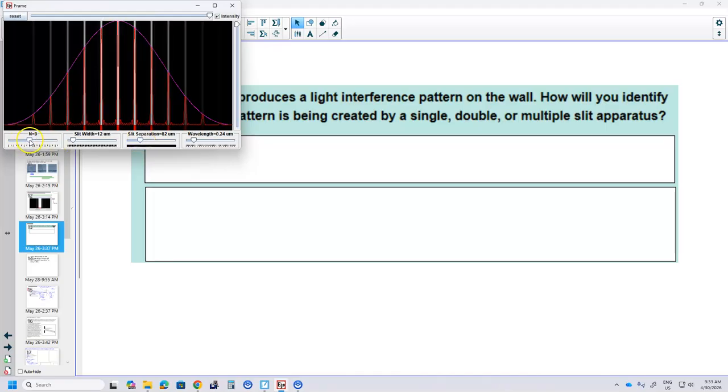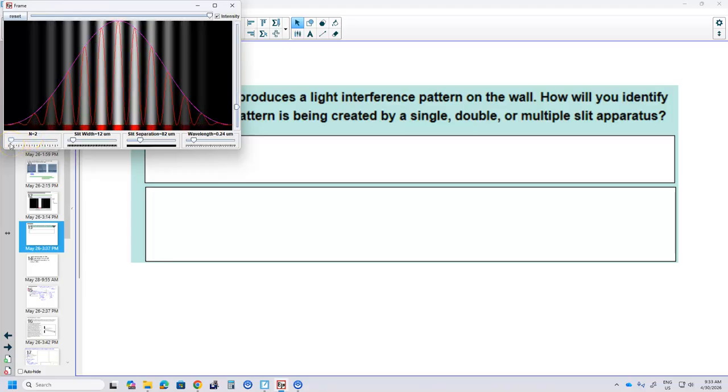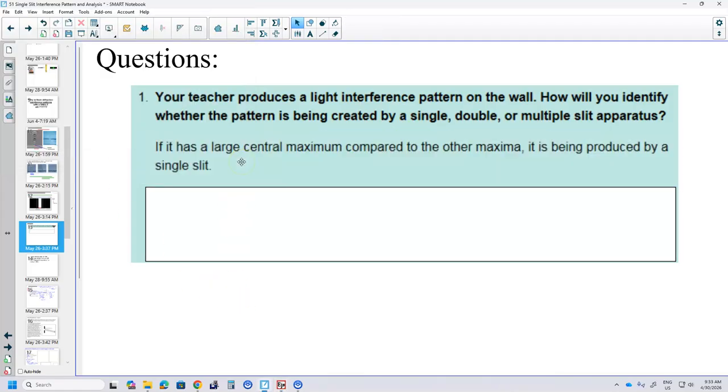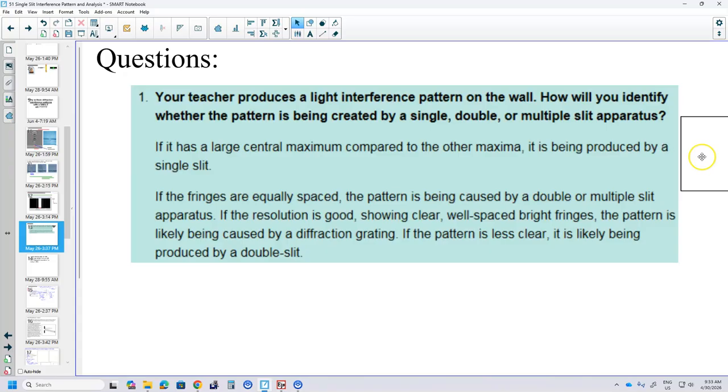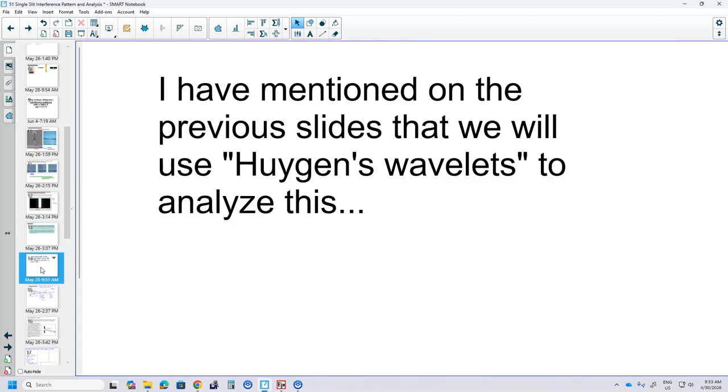Obviously the math is more complicated, but the more slits I have, the more defined and more contrast you have with those areas where there's brightness. When you go down to 2, they widen out. A single slit has a central maximum that's large in comparison to the other ones. And if it's all evenly spaced, we're looking at double or multiple slits.